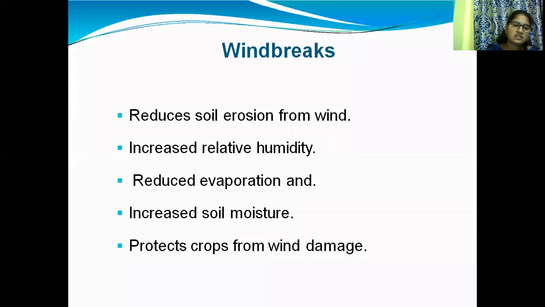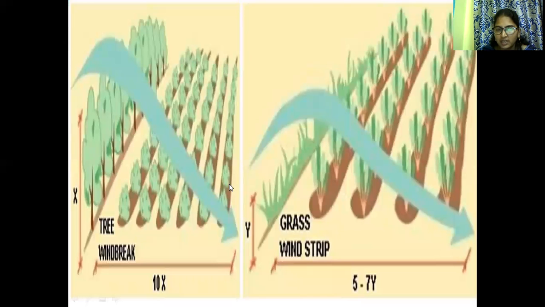Windbreakers reduce soil erosion from wind, increase relative humidity, and reduce evaporation, and protect crops from wind damage. The main aim is to protect the crops from wind damage and also reduce soil erosion.